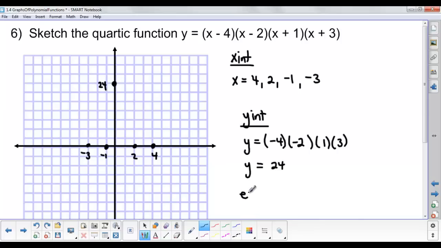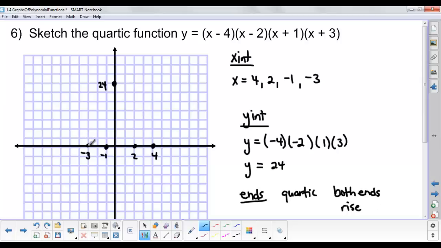And now we have to determine the end behavior. So to determine that, I have to distinguish what kind of function this is. I know it's a quartic function. And when we have quartic functions, both ends will end up doing the same thing. In this case, because our leading coefficient is positive, both ends will rise. Once you've listed all of those things, you're just going to connect the dots.